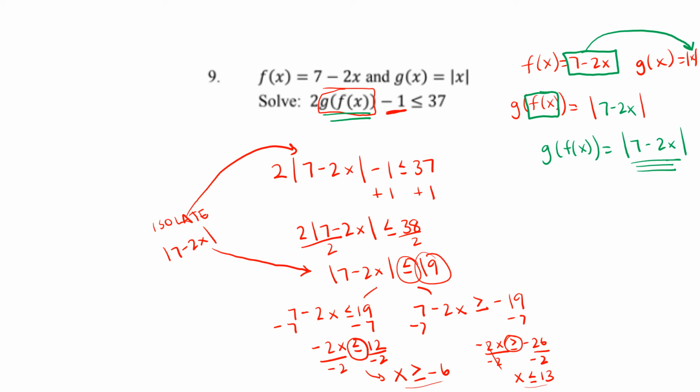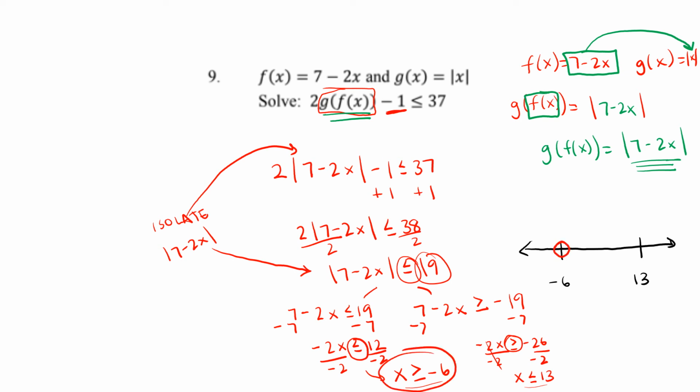Right, now before we write our answer, let's graph it so we can see how we're supposed to write our answer. So I'm going to go over here on our number line. Again, we have two values, so you have two numbers. 13 is on the right, negative 6 is on the left because it's less than 13. Let's start with negative 6.